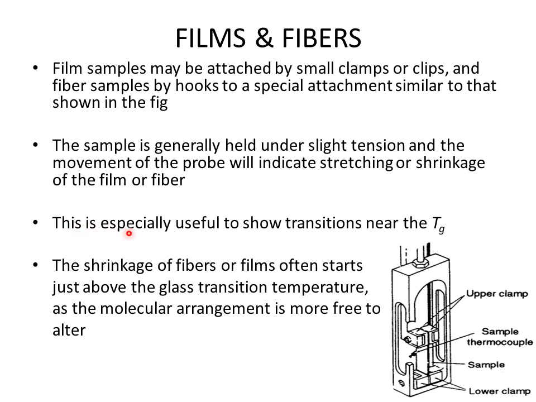This is especially useful to show transitions near the glass transition temperature, because the shrinkage of fibers or films often starts just above the glass transition temperature. And why does it happen? Because the molecular arrangements are more free to alter above the glass transition temperature.